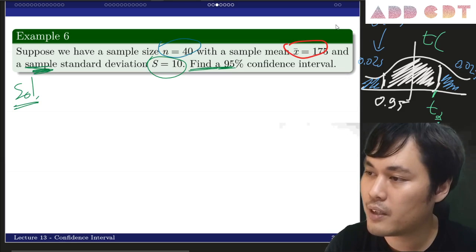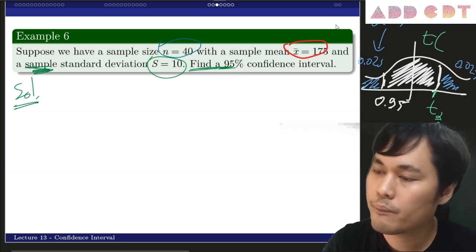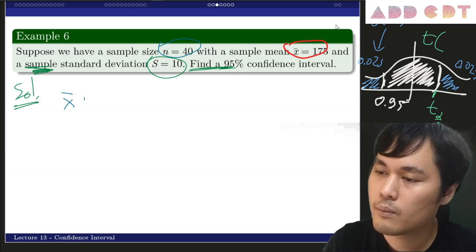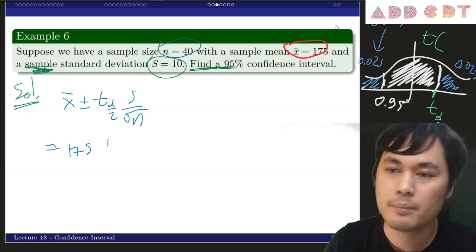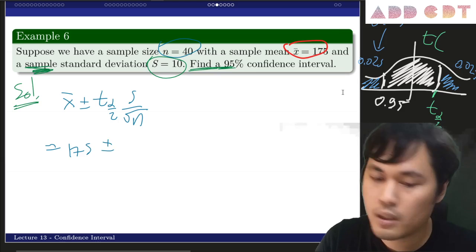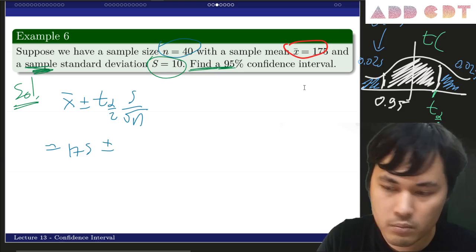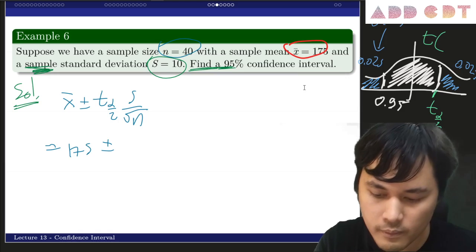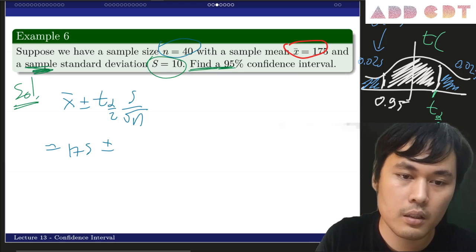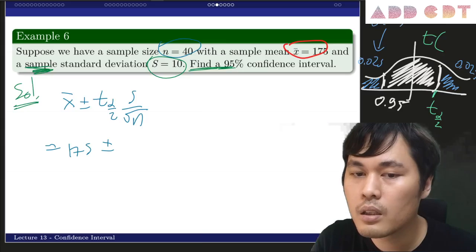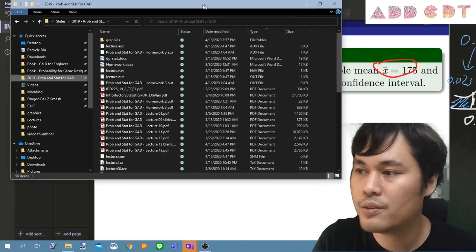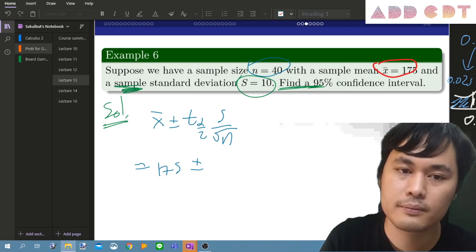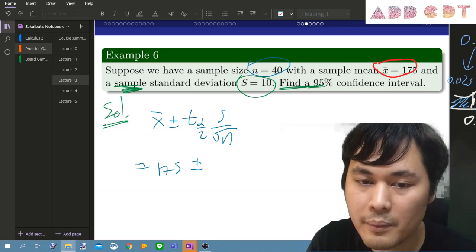Nevertheless, once you get the value, then you put that value into this formula. Right, so that's 175 plus or minus t. Let me take a look. No, that doesn't work. Something is wrong with my... Sorry, let me take a look.